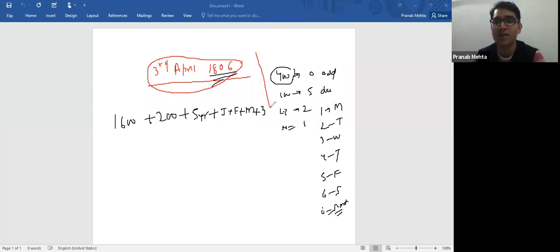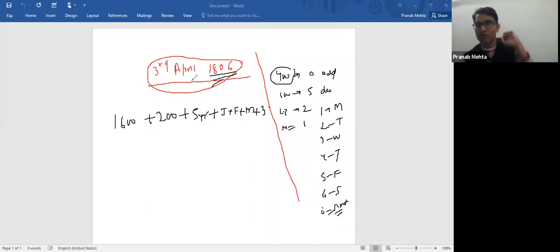What I have done is, basically, I have just distributed this complete year into the data which I know. The data which I know is that first I will always take the highest multiple of 400. The reason behind this is I know that every multiple of 400 will give me 0 odd days. Then I take 100 years. So out of 1800, I know that 400 into 4 will give me 1600.